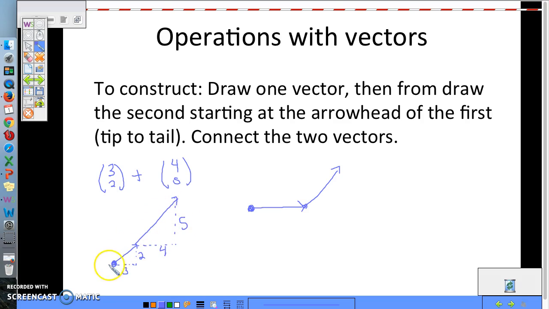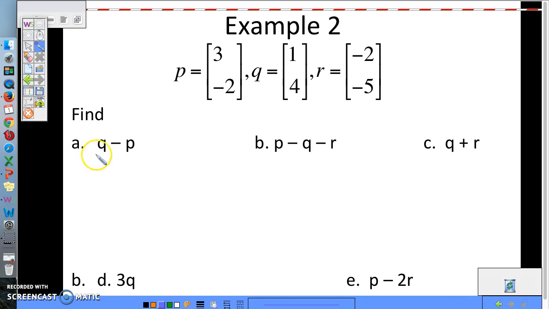So how do we really get from one to the next? Total, we go over 7, right? We go over 3 and over 4, and then up 2 and up 5, so we go up 7. So we add our horizontals and our verticals. Same with subtracting, you just subtract them.